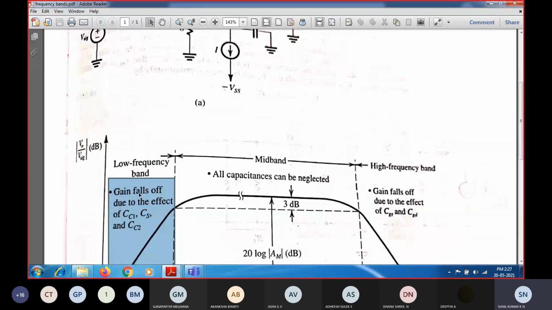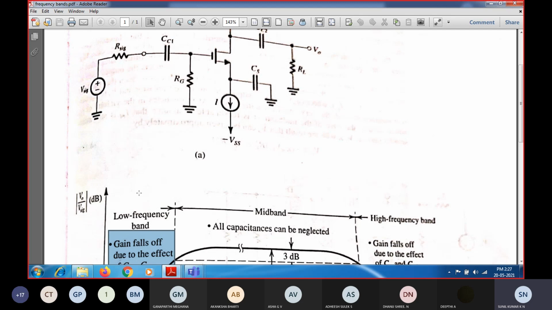Similarly, in the high frequency equivalent circuit model, we have considered internal MOSFET capacitances like CGS and CGD.